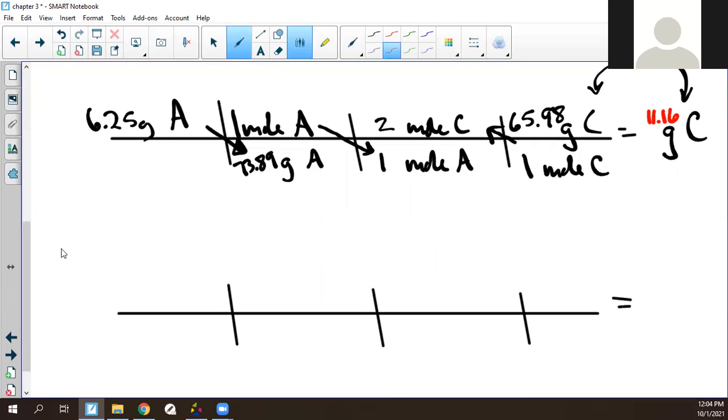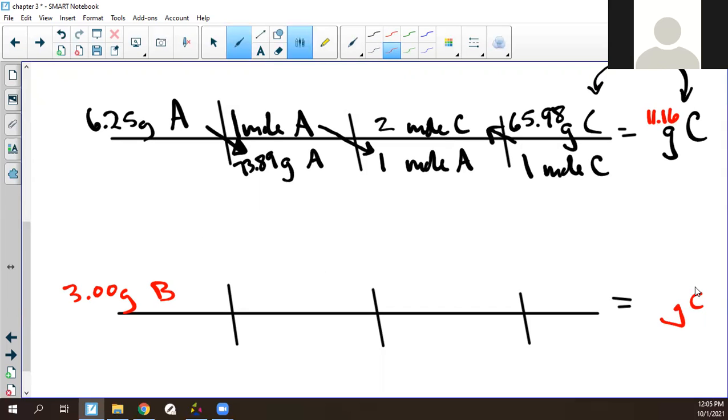Okay, now the second picket fence, please look. The second picket fence starts with the other given, which was 3.00 grams of B this time, right? Now, everybody, I still have to solve for grams of C though. The starts are different, but the ends are the same.